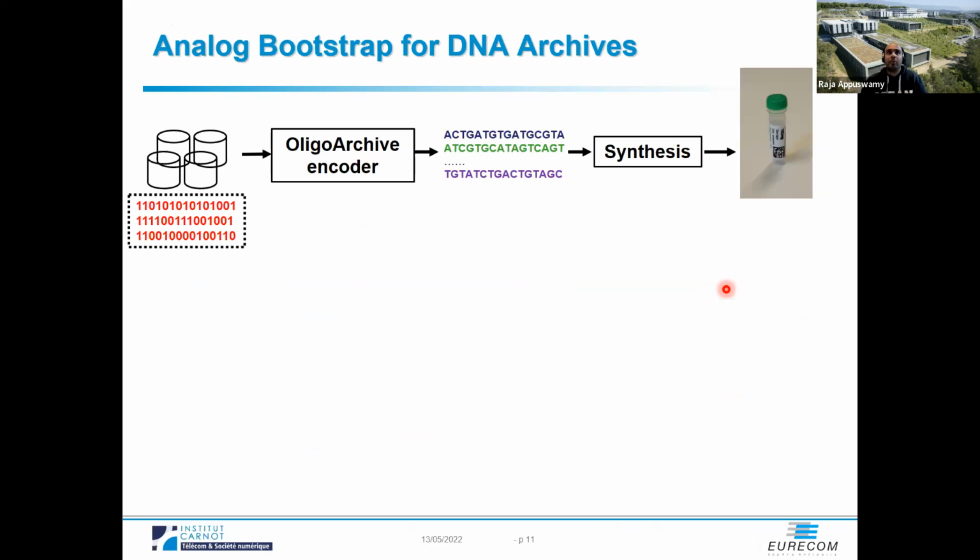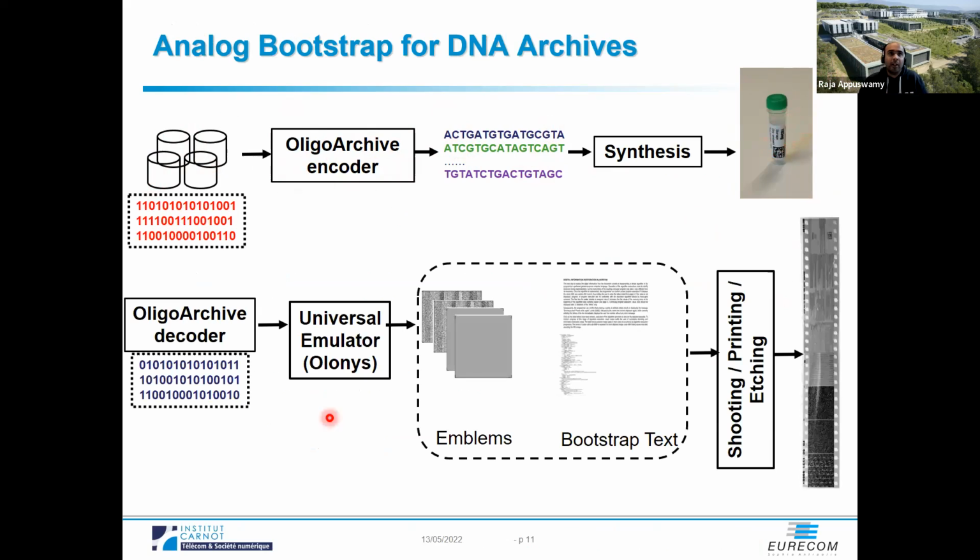So what we want to do is, I'm just showing you the bootstrap process here. I think we are running out of time quickly, but I'll show you what we want to do. We want to use the OligoArchive encoder to convert binary data into DNA, synthesize the DNA and store it, okay? Then we want to take the decoder, particularly the LDPC matrices, the software that we use for decoding.